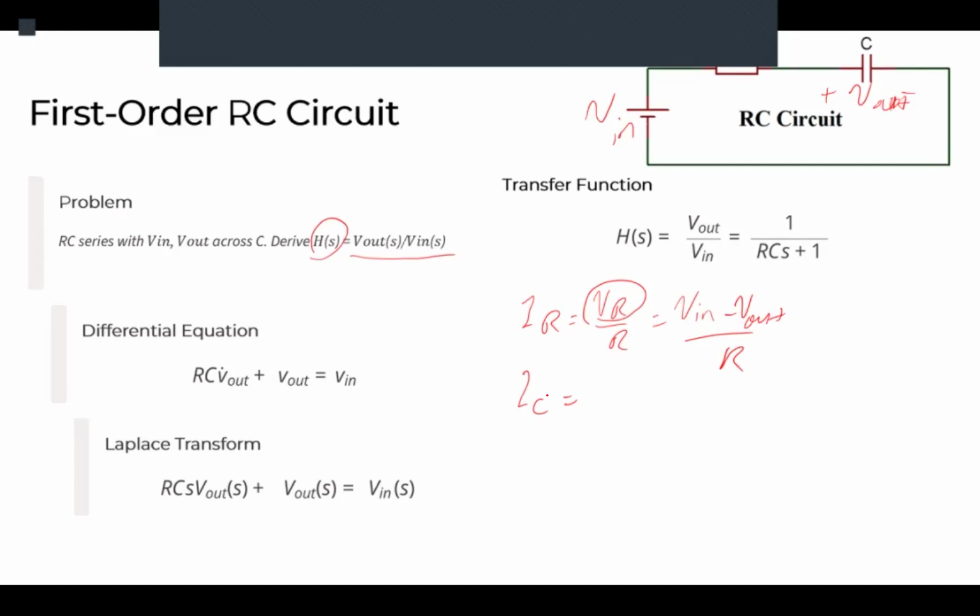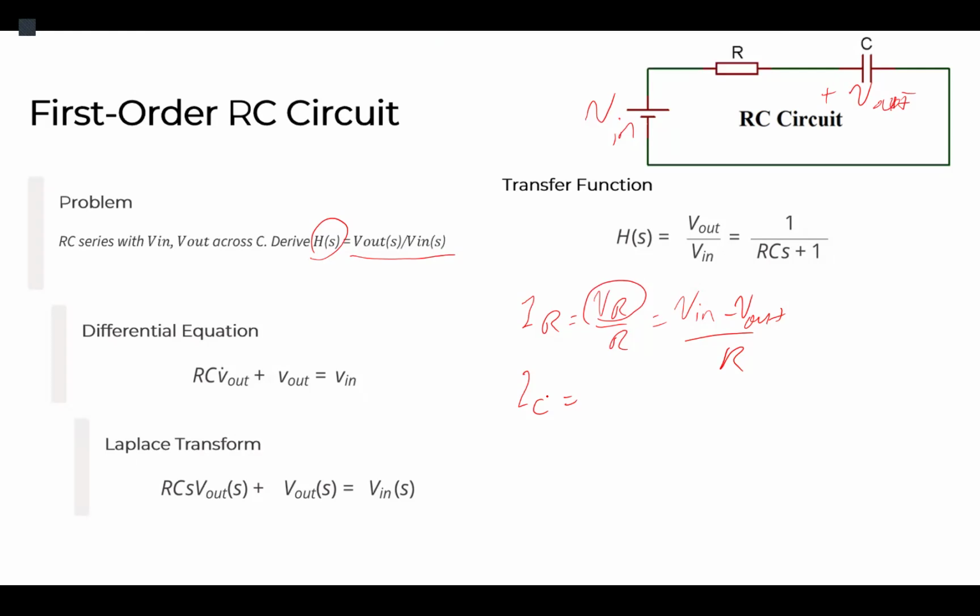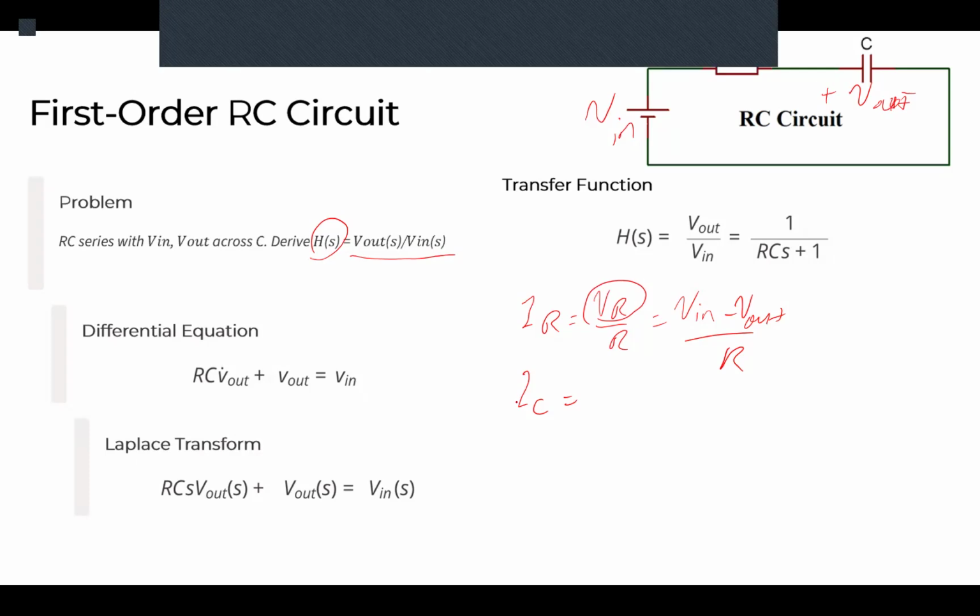How about the current IC? What's the current of the capacitor? The current of a capacitor is C dV/dt, right?